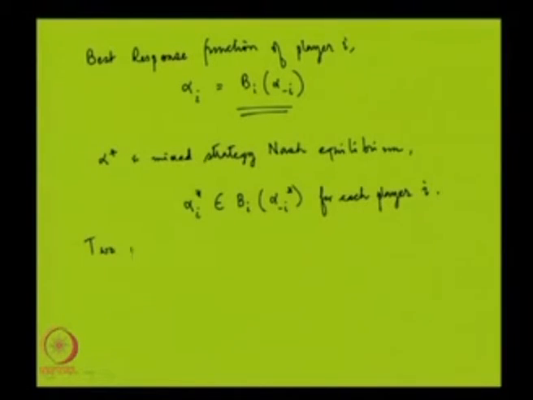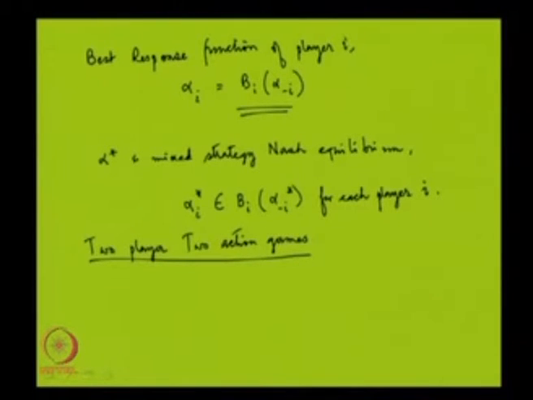Now, we shall try to find out in concrete situations how mixed strategy Nash equilibria are derived, are calculated. So, we shall start with the simplest situation of two player, two action games.